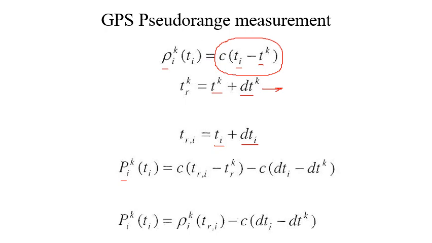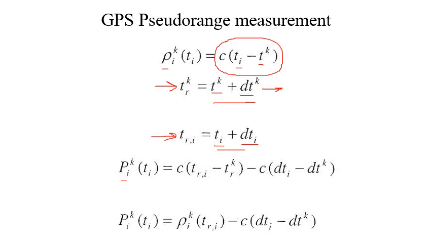These are measurements. I correct this by dt^k, and for the measurement Ti, I add dt_i. In this way I can obtain the true emission time at the satellite. So be careful, true emission time here, and true capture time or true reception time at the receiver.